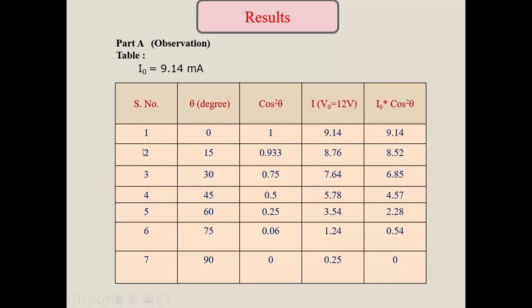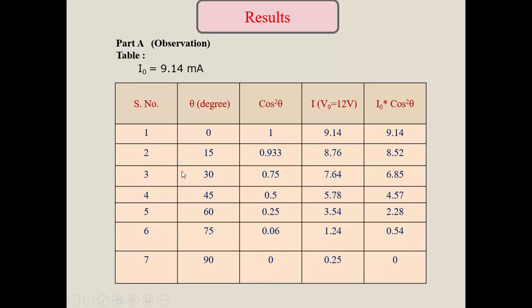Then suppose I rotate my analyzer by an angle of 15 degrees with respect to the polarizer, then of course the intensity of the light which falls on the LDR will decrease, and consequently the current will also reduce. So instead of 9.14, now at 15 degrees it becomes 8.76.